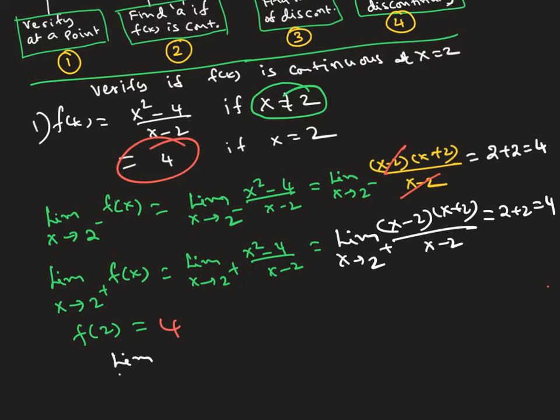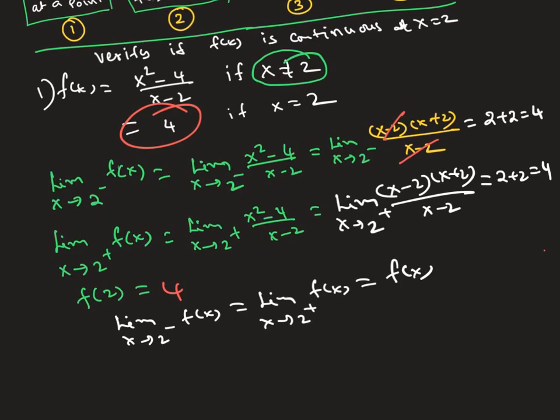Hence, the limit as x approaches 2 from the right side is the same as the left side and the function's value. So f of x is continuous at x equals 2. This is called a continuity statement.